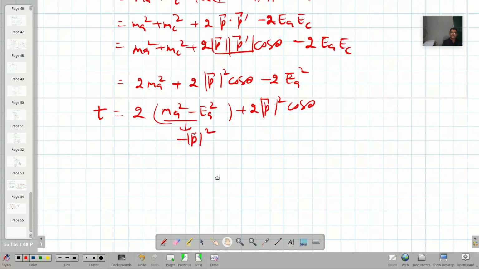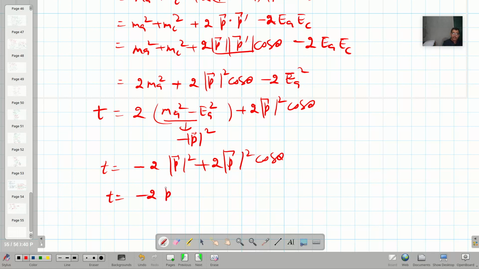So that means this t can be written as minus 2 mod p square plus 2 mod p square cos of theta. So t is equal to minus 2 p square, it is 1 minus cos of theta.